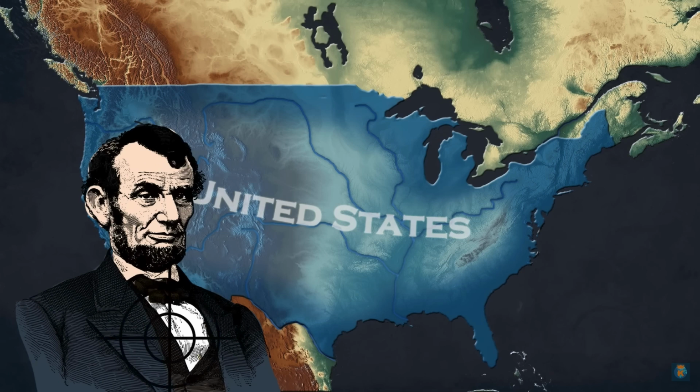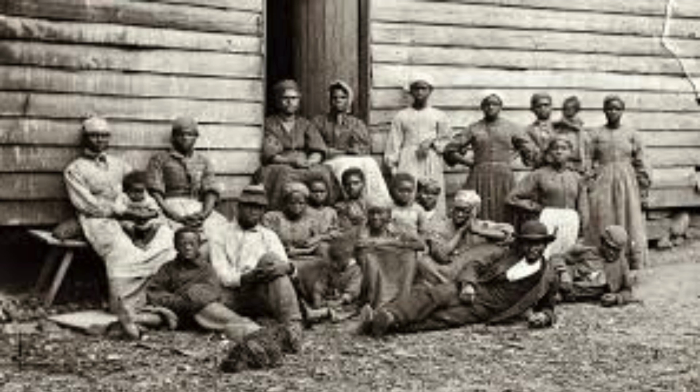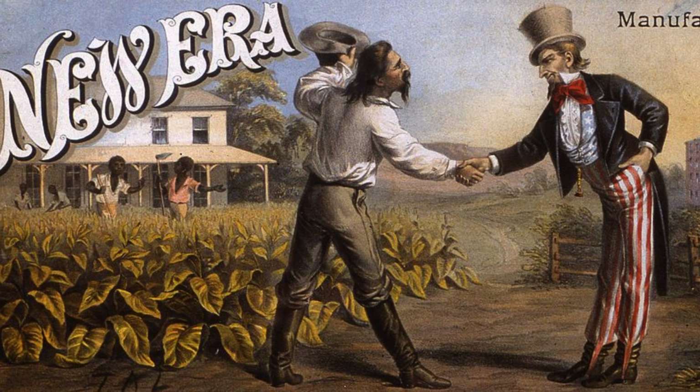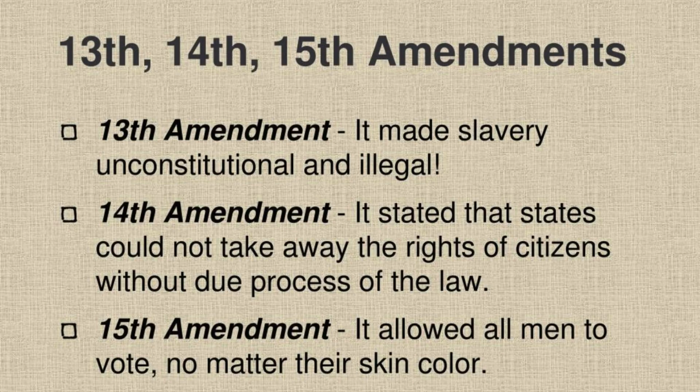The Emancipation Proclamation, issued by Lincoln in 1863, declared all slaves in Confederate held territory to be free. The Union's victory in 1865 marked the end of slavery in the United States and the beginning of Reconstruction, a period of rebuilding and reconciliation.